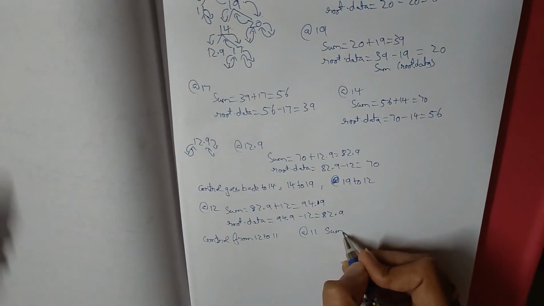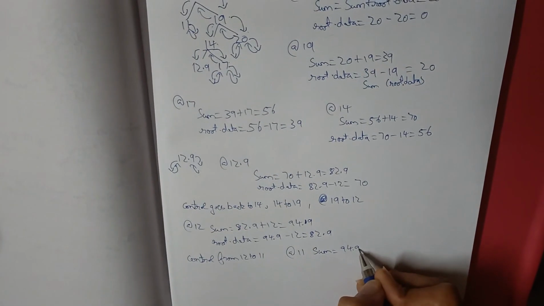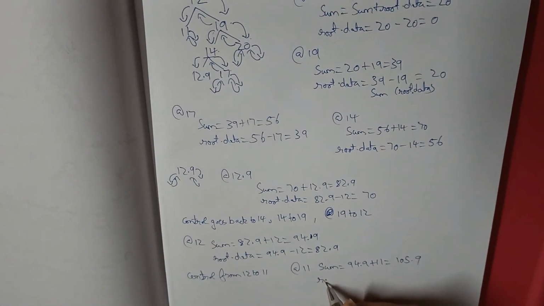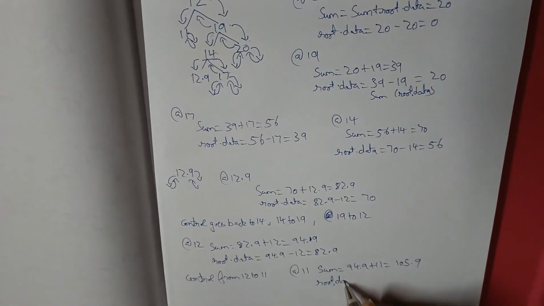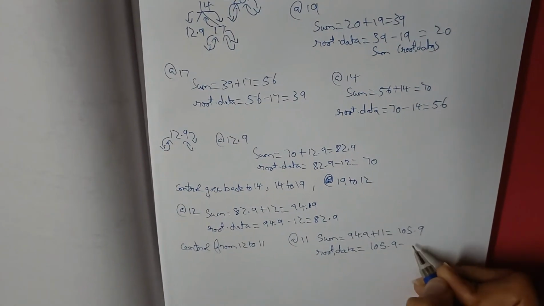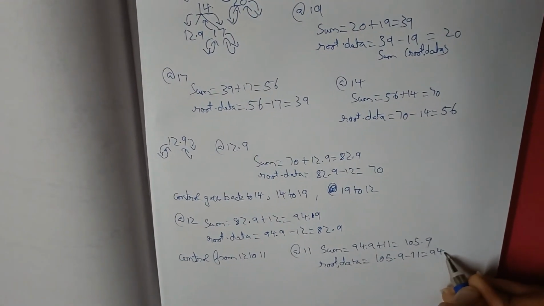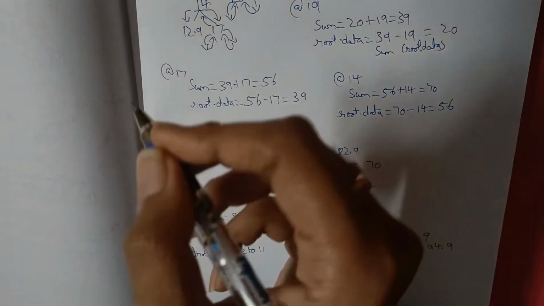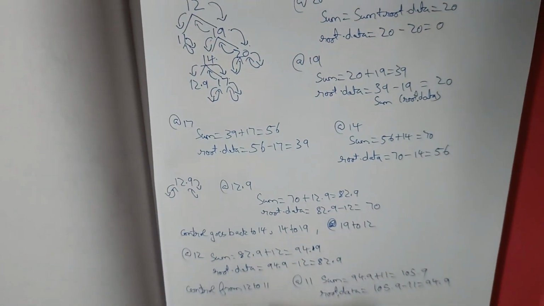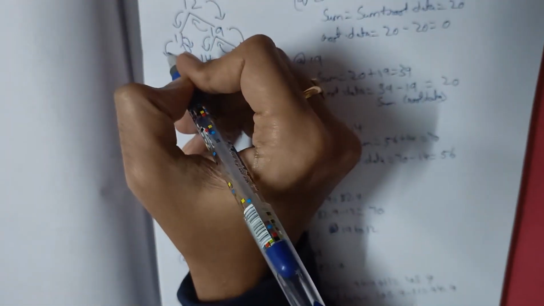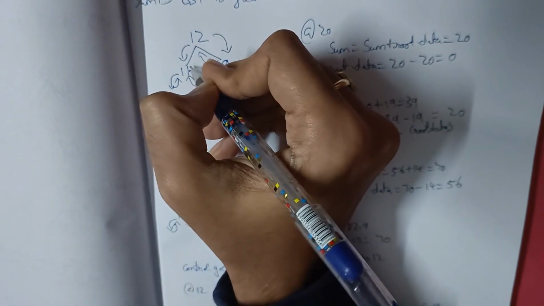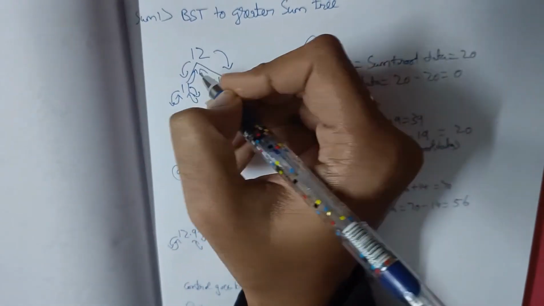Sum is going to be 94.9 plus 11, which is 105.9, and the root value is replaced by 105.9 minus 11, which is 94.9. So the value at node 11 is replaced by 94.9, and the control goes to the left subtree of 11, which is again non-existent, and the control goes back to 11, which gives the control back to 12, which ends the program.